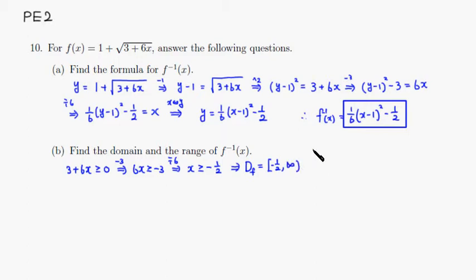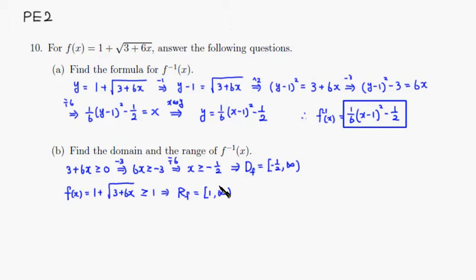And how about the range? If you look at this function, f of x is 1 plus square root of 3 plus 6x. The square root of 3 plus 6x, the smallest it can be would be 0. So this is always greater than or equal to 1, which means that the range of this function is starting from 1 and up.